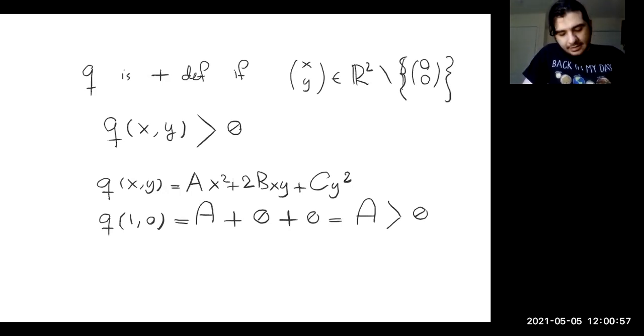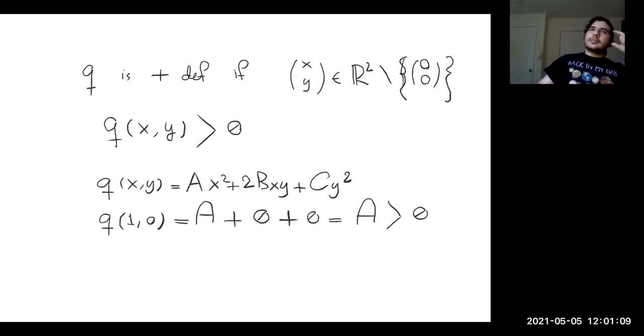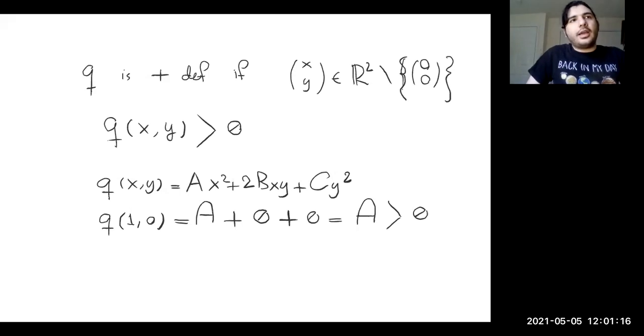What else can I see from this method? What else does it tell me? Look at what other vectors I can try and what other information I can get about this quadratic form.